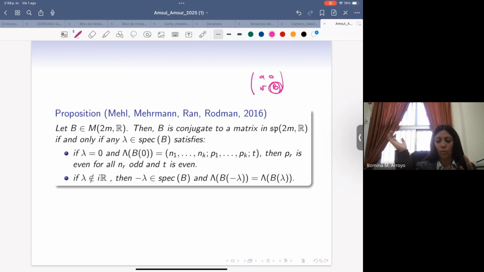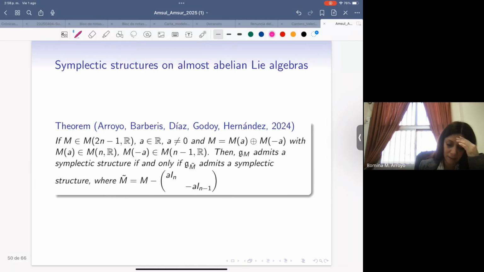And now we want to understand what happens with the whole matrix, basically. And then, again, we have to analyze two cases.